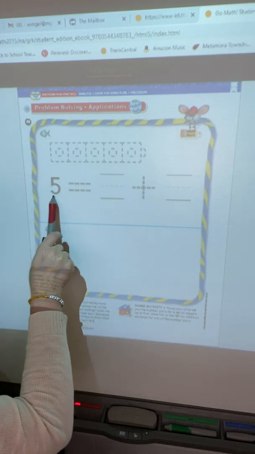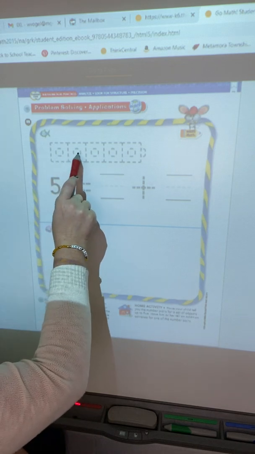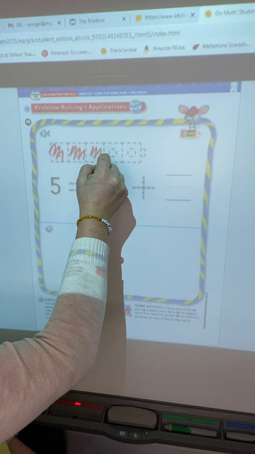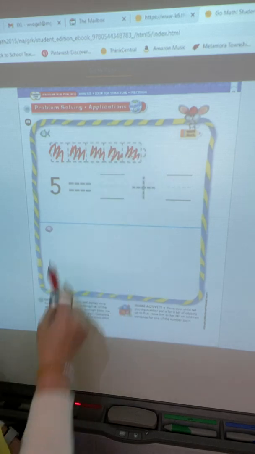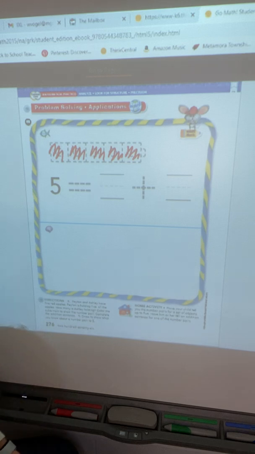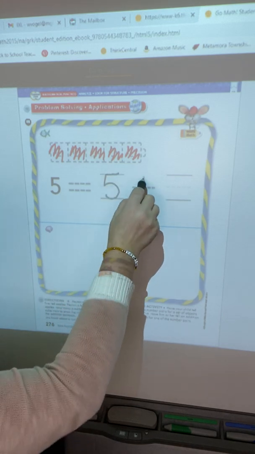So it says that they have 5 red apples. So 1, 2, 3, 4, 5. We need to color all 5 of them red because they have 5 red apples. And then it said that our friend Peyton, she's holding some apples. It said that she was holding 5 red apples.